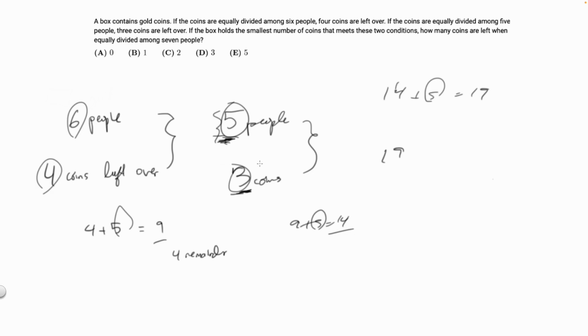So if we keep going in our incremental search, and we reach 28, 28 minus 4 is 24, and we know that's divisible by 6 since it leaves a remainder of 0. And 28 minus 3 equals 25, divided by 5, a remainder of 0. So therefore 28 is going to be our smallest number of coins that meet these two conditions in our problem.